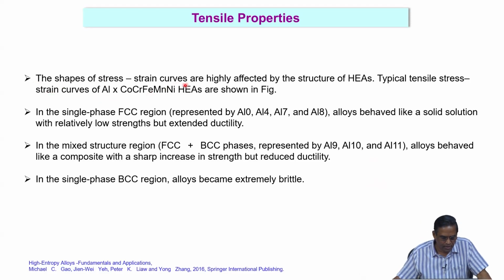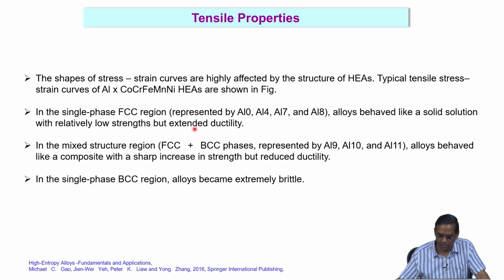So, what is the description of these stress strain curves? The shape of stress strain curves is highly affected by the structure of the high entropy alloys. What we have seen is a typical tensile stress strain curve for aluminum, cobalt, chromium, iron, manganese, nickel high entropy alloys. They are single phase FCC region represented by aluminum 0, 4, 17 and 18.